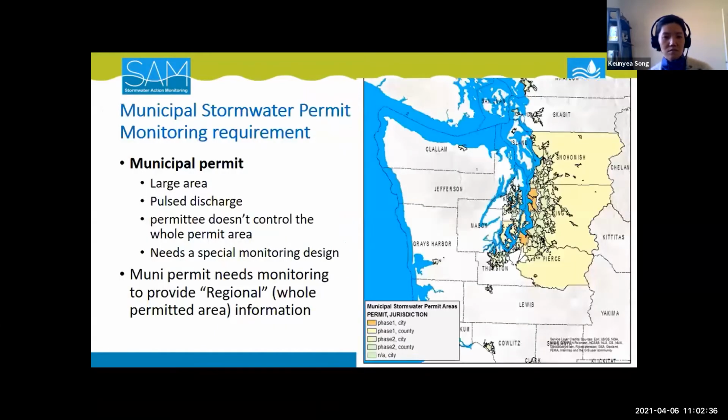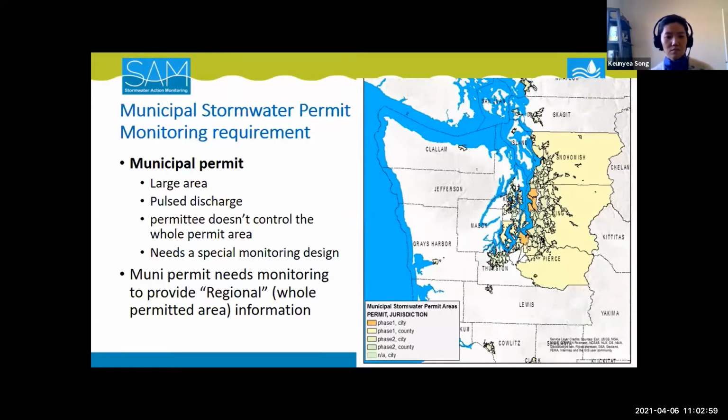Stormwater general permits, such as municipal stormwater permits, are the main regulatory vehicles to manage stormwater impact and ultimately protect receiving water from stormwater impacts. In Western Washington, the municipal stormwater permit covers most of the urban and urbanizing area of the region.